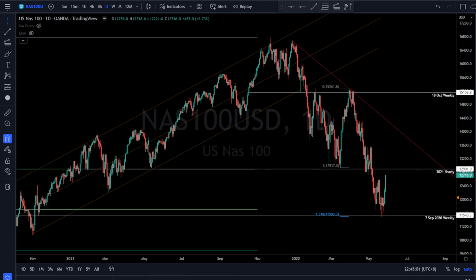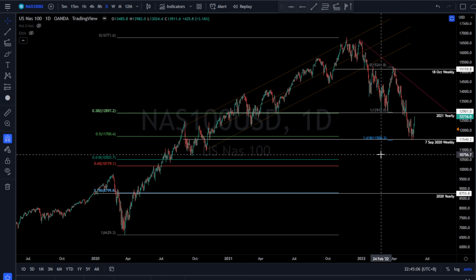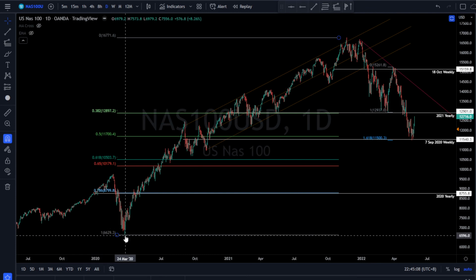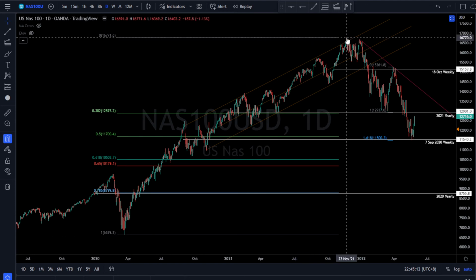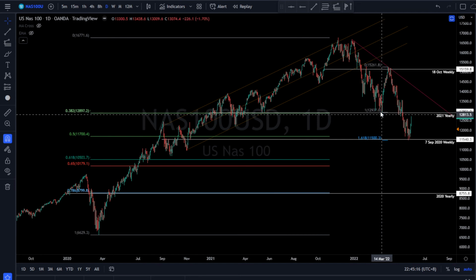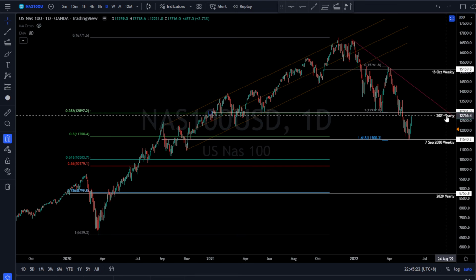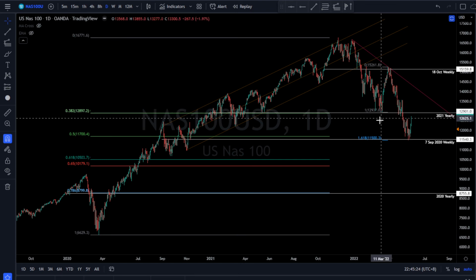Right, but if we look at price and the Fibonacci levels from the March 2020 lows, and we pull all the way to the high, price has very nicely respected 2 Fib levels. So over here, we have the 382 Fib in line with the 2021 yearly open.